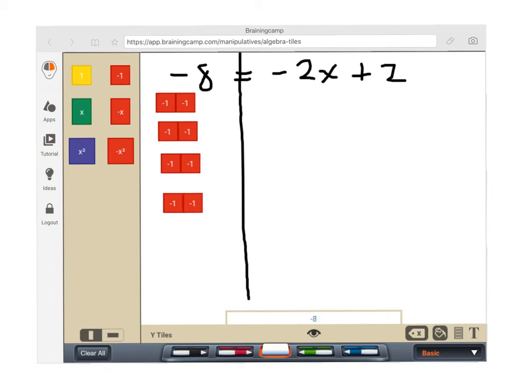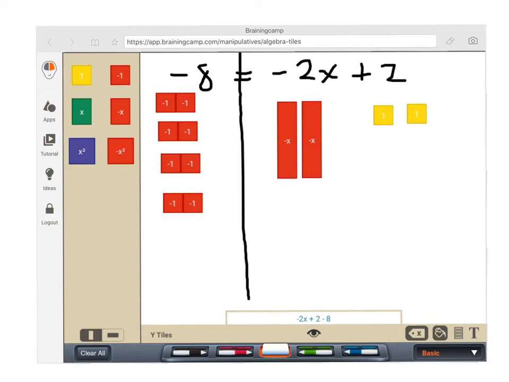We will need 2 negative x's. Now remember the negative x's are these, the bigger ones. They're red because they're negative, but they're the bigger ones. So in order to use those, we'll have -1, -2, and then we need over here +2.